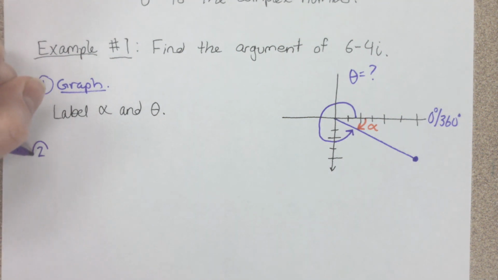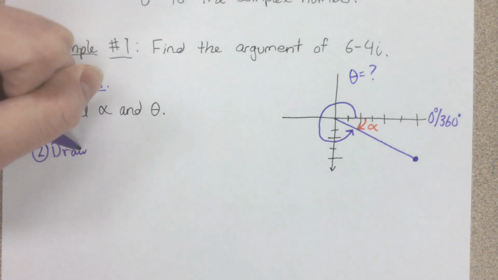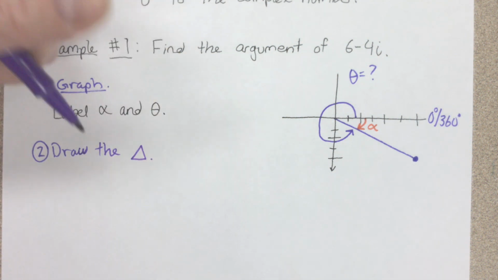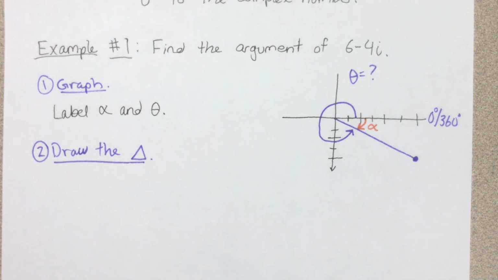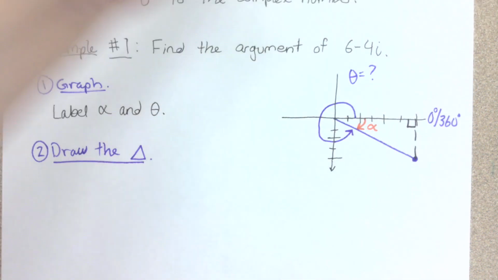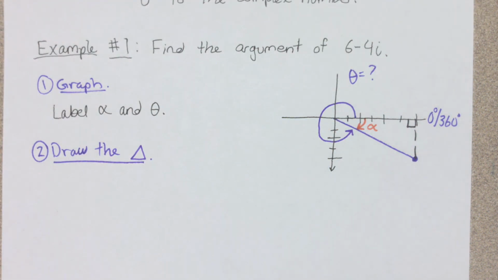Step 2 is what you would think to do next. Draw the triangle. So again, we connect it up to the x-axis. Create that right angle.